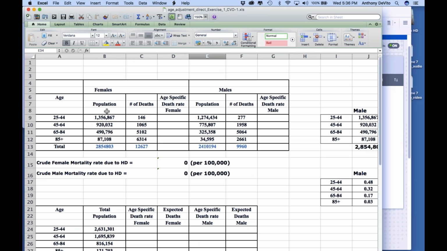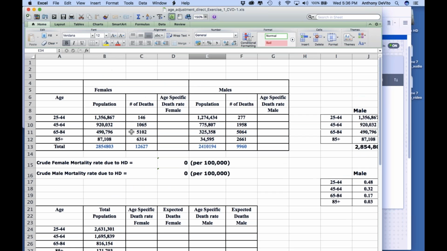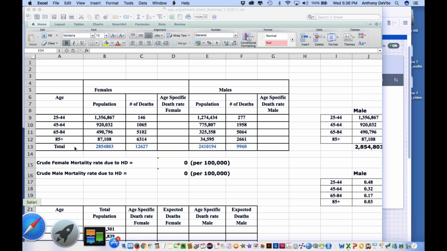Okay, so this data is based on actual numbers from the New York City Department of Health vital statistics. Vital means life, so these are statistics that involve life and death and so on. You can actually dig this up.